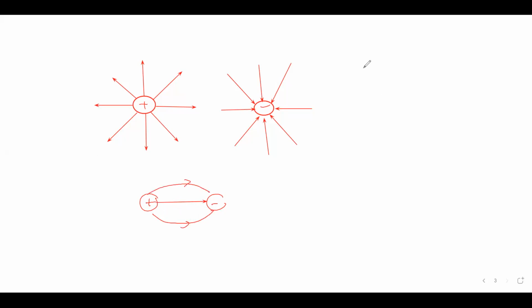Now, what if we have two positive charges, positive and positive? They will repel. So what is the shape of the field? You will find that the field lines take this shape.